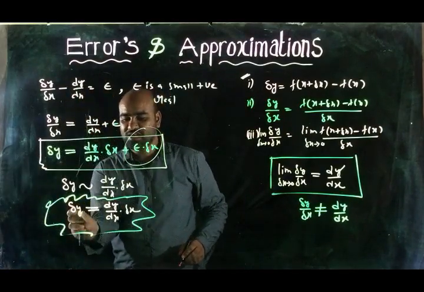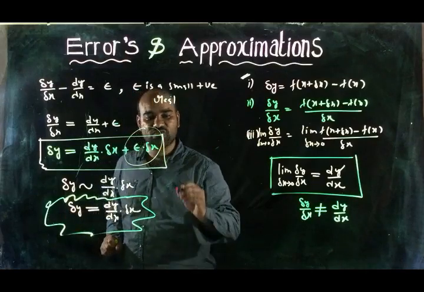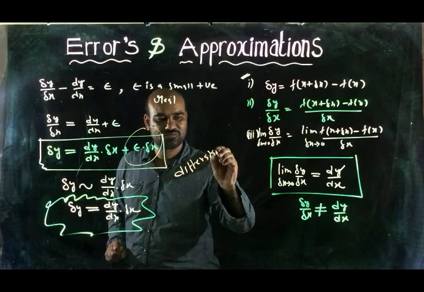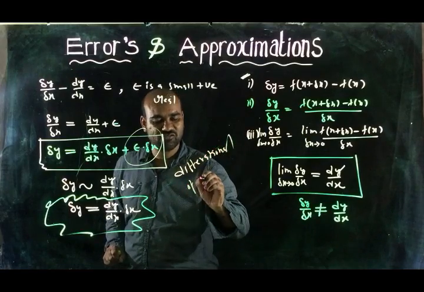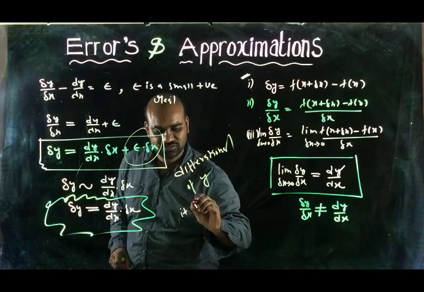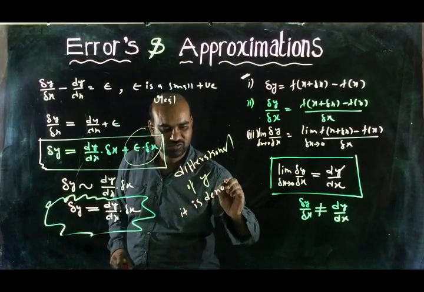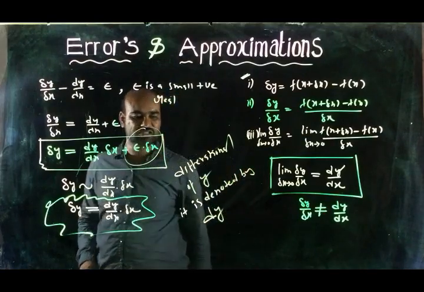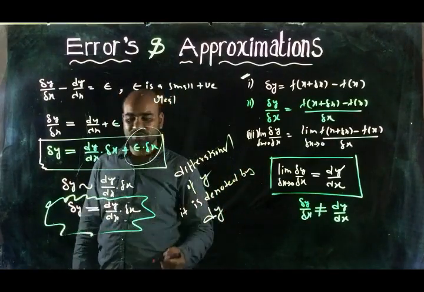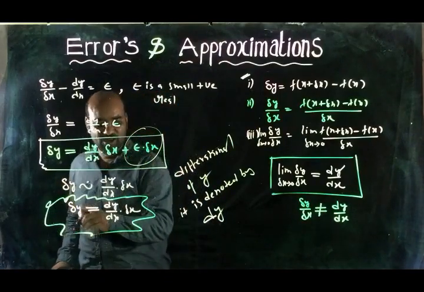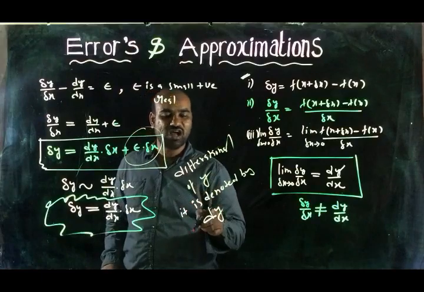Here delta y is called the differential of y, and it is denoted by dy. Don't get confused: in this chapter dy means delta y, the differential of y.